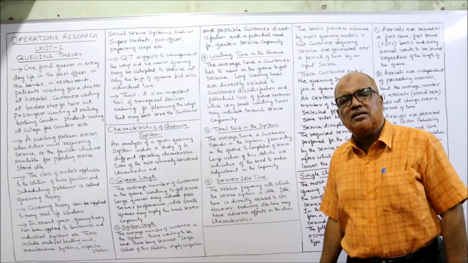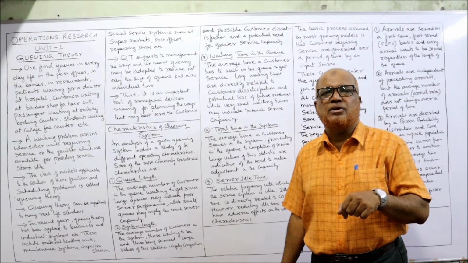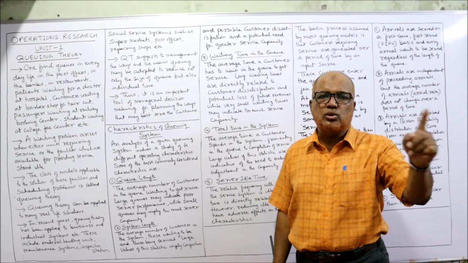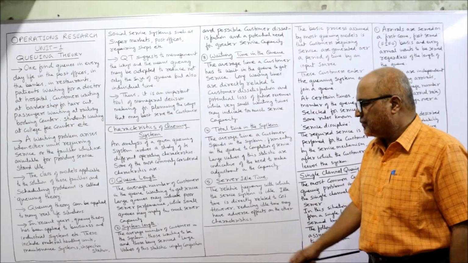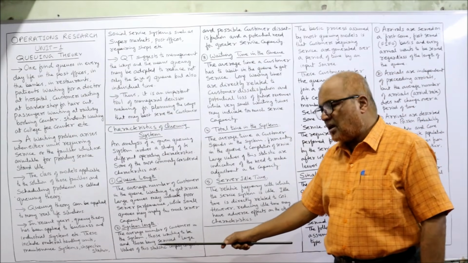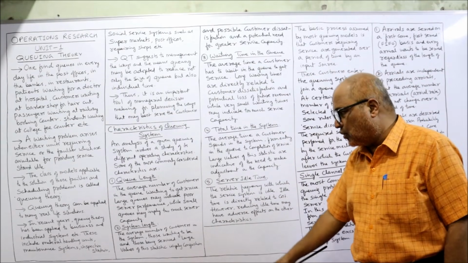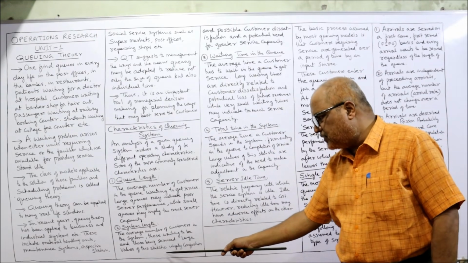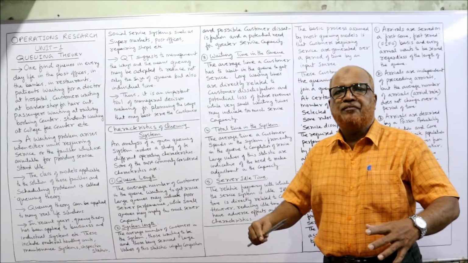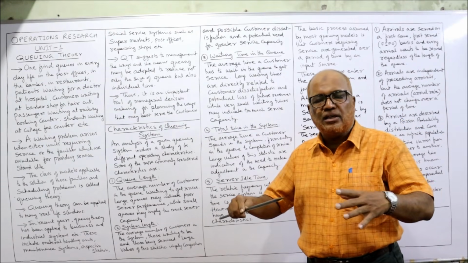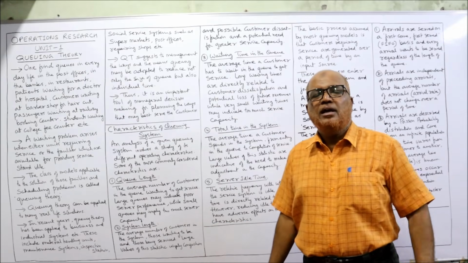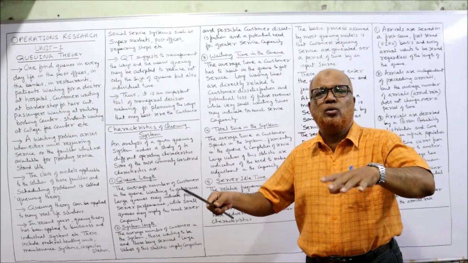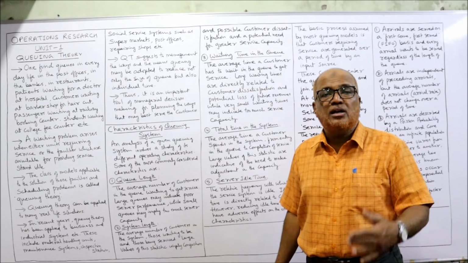The system length consists of the total number of customers, units in the whole system, those who are standing in the queue and those who are getting the service. Now, what will happen if the system length is more? If the system length is more, that means more customers are there in the queue and also getting the service, it indicates what?